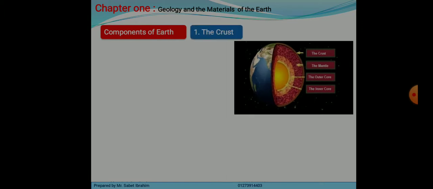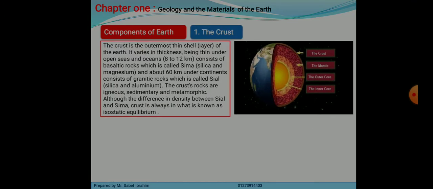Let's start explaining the crust. As we see in the figure here, the crust is the outermost thin shell or the outermost thin layer of the Earth. It varies in thickness, being thin under open seas and oceans.